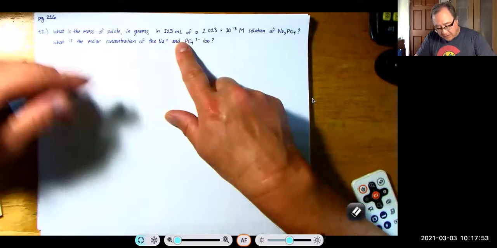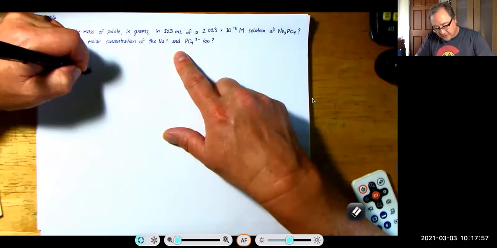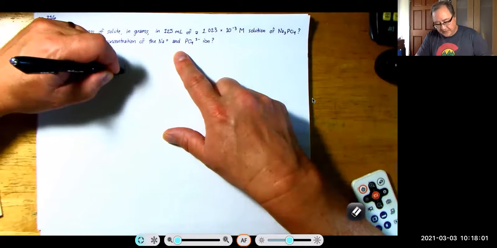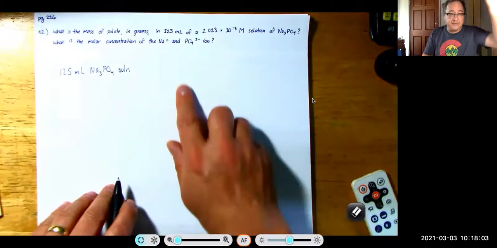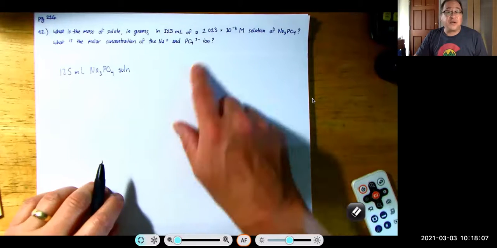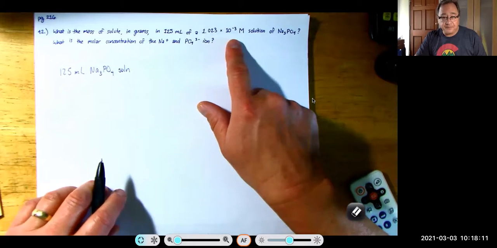So we know that we have 125 milliliters of sodium phosphate solution. That's given. We know that the concentration is 1.023 times 10 to the minus 3 molar.